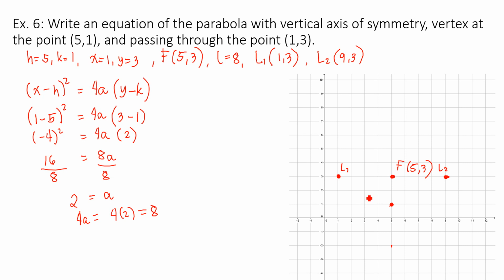In this case, the equation must be (x minus 5) quantity squared equals the length of the latus rectum, 8, times (y minus 1).